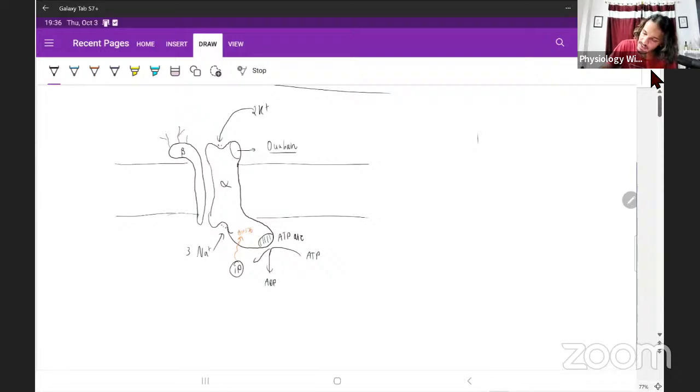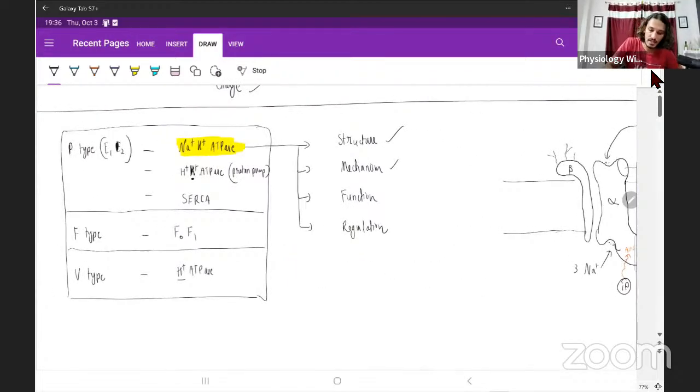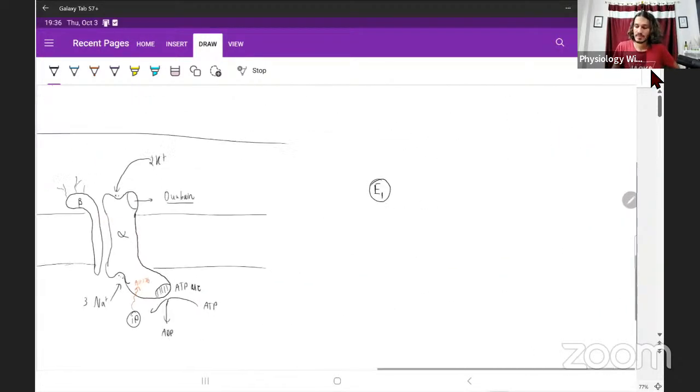So this is existing in an E1 format initially. Okay, remember what these receptors are called, the P-type pumps are called. It is also called E1, E2, not channels, pumps actually. So it exists in an E1 stage first.